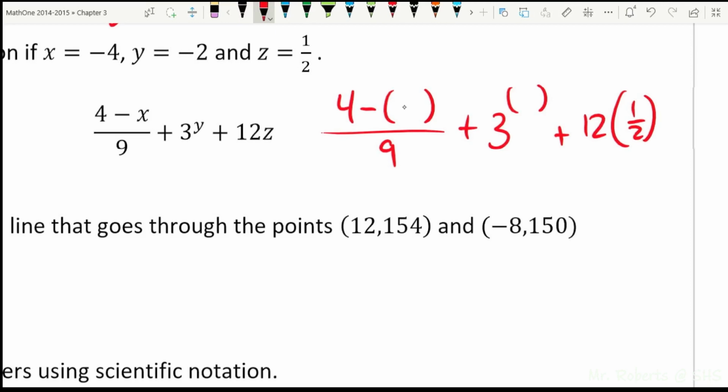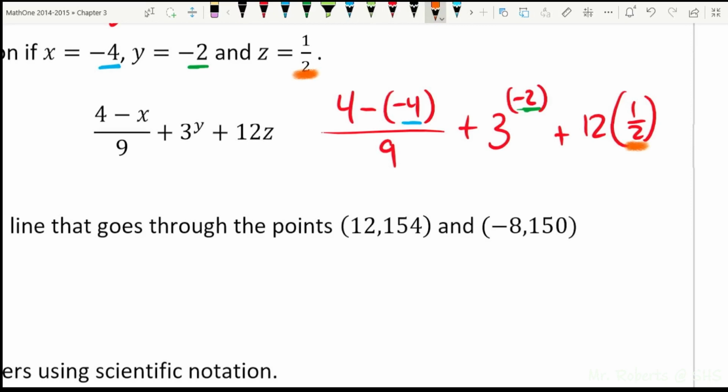So A is -4 and Y is -2. So I've identified where the variables are, and then I've plugged in these numbers, right? And you can see that A was plugged in where A was needed. Y was plugged in where Y is needed. And Z was plugged in where Z was needed.